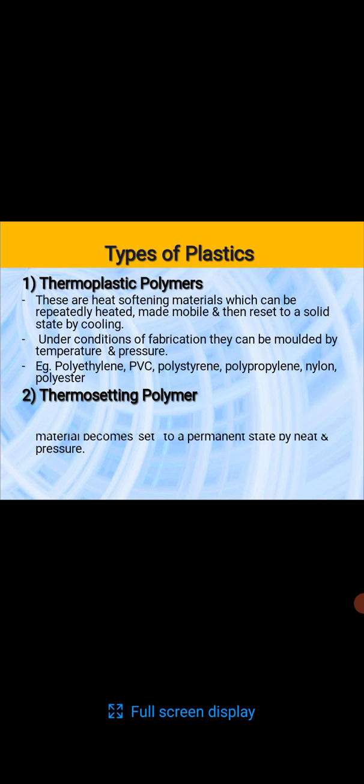Thermosetting polymers. These are polymers produced by a polymerization process involving a curing stage during which the material becomes set to a permanent state by heat and pressure. Guys, these do not change back; they reach the permanent state by heat and pressure, so they are fixed.